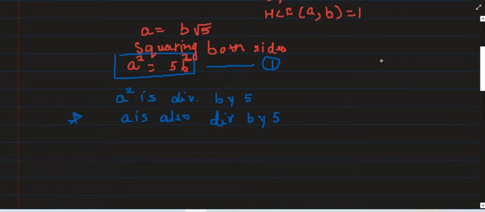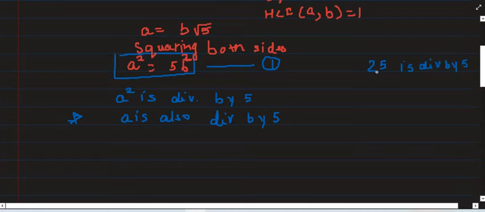Let's assume if we say that 25, that is square of 5, is divisible by 5. So 25 is square of 5, so it means 5 is also divisible by 5. So now using this we can say that a is equal to 5 times c, where c is any integer.